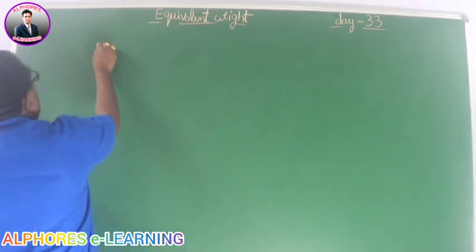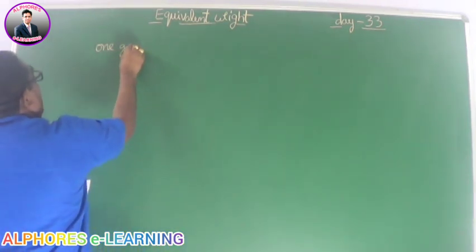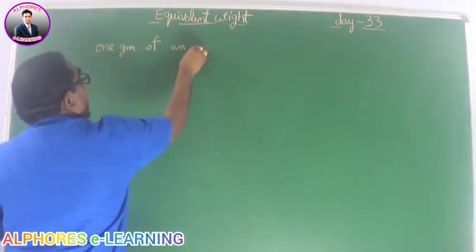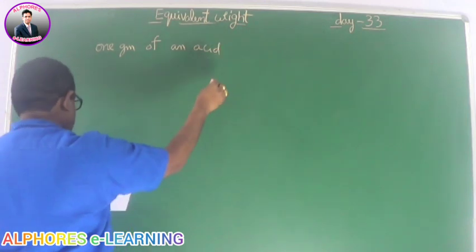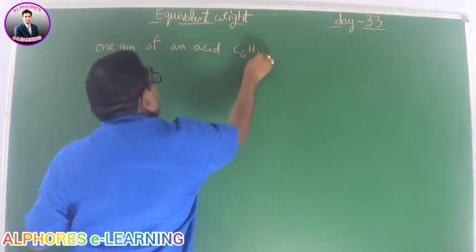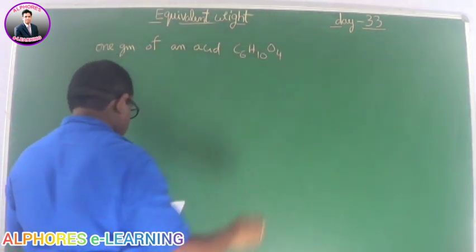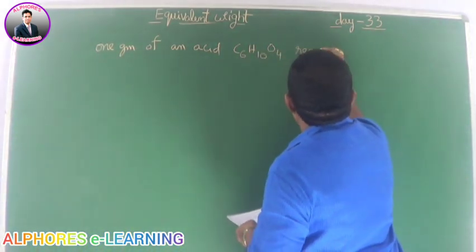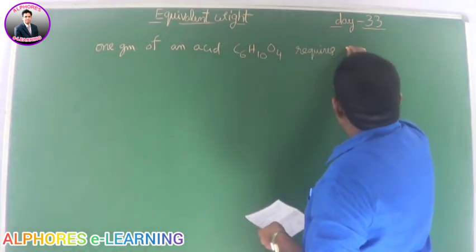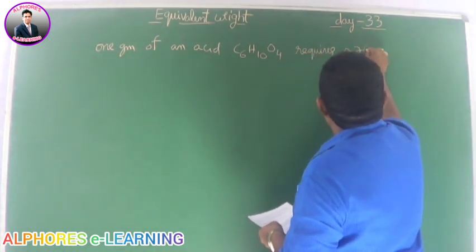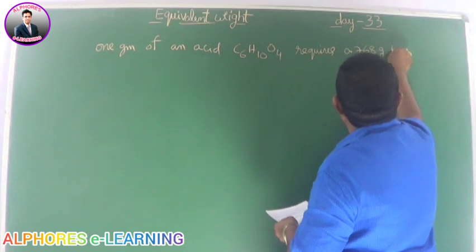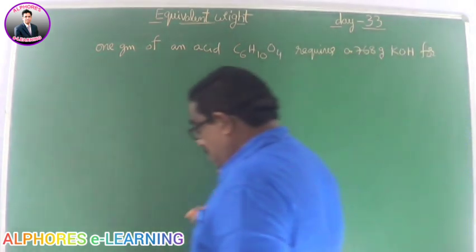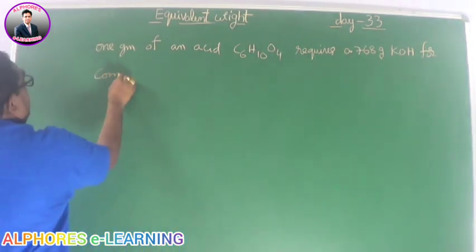Write down, students: 1 gram of an acid C6H10O4 requires 0.768 grams of KOH for complete neutralization.